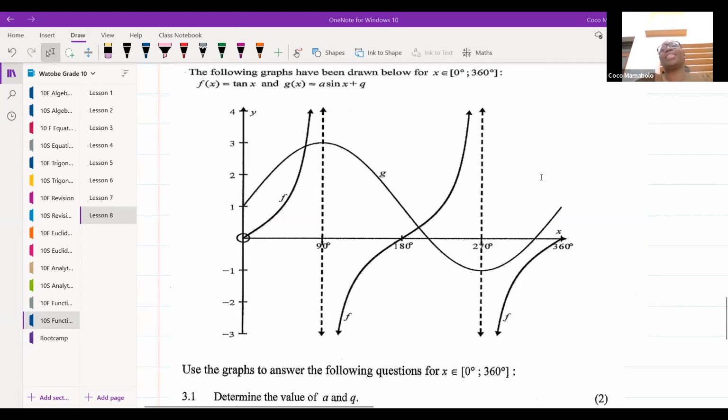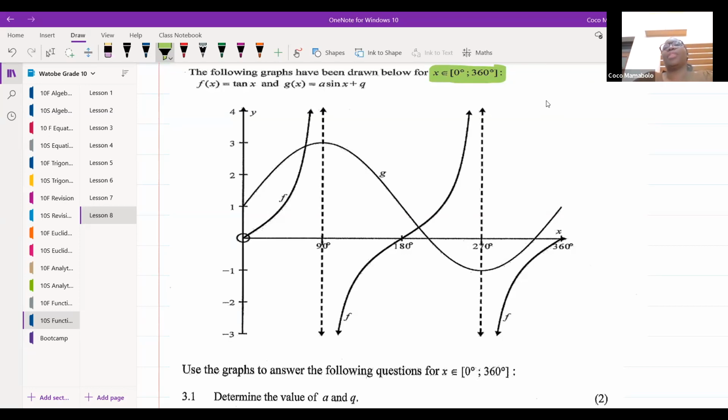Okay, the question says here, the following graphs have been drawn below for x is an element of, you see how they've already given us the domain, guys? They make it so easy for us to already know what the domain is. If they ask you a question about the domain, they've already given it to you.